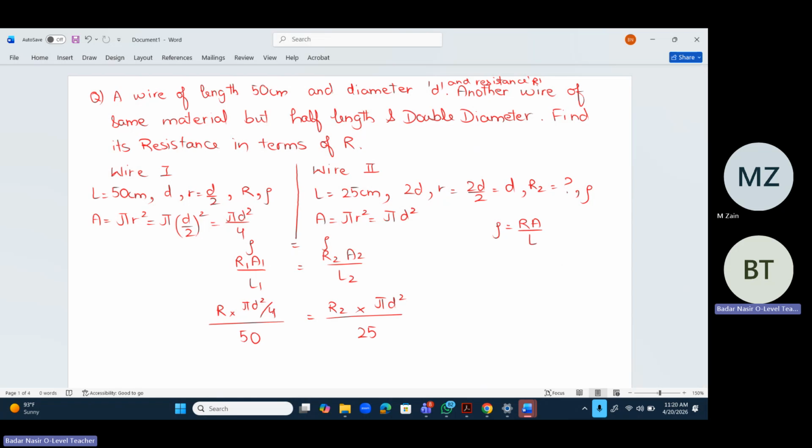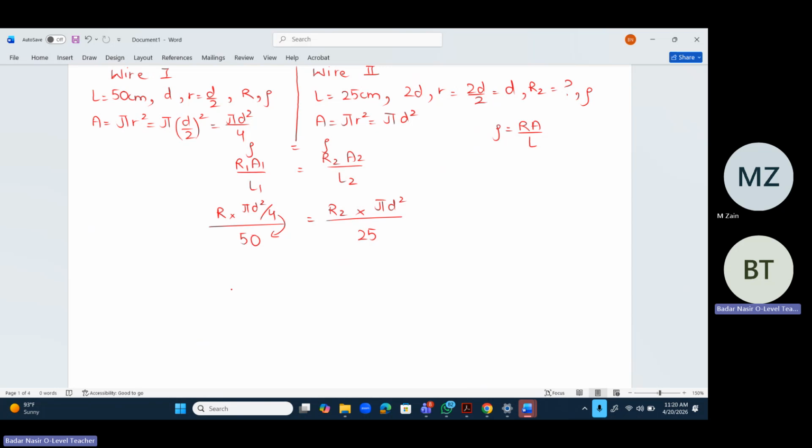Now if a fraction comes up, its denominator comes down and multiplies. So it's going to be R pi D square and 4, with 50 multiplied below, equals R2 pi D square over 25. Since we have to find the value of R2, I will take this 25 to the other side and multiply, and bring pi D square over and divide.